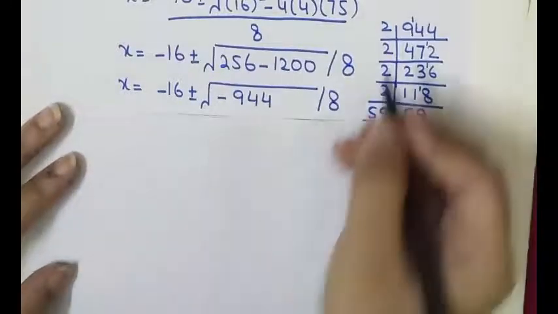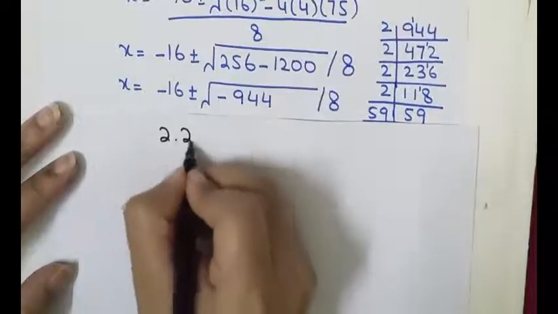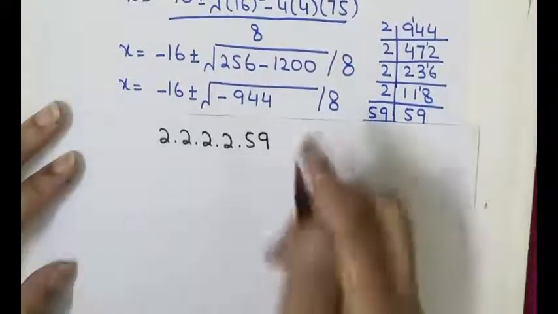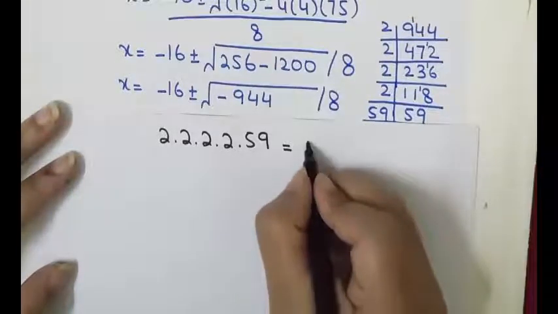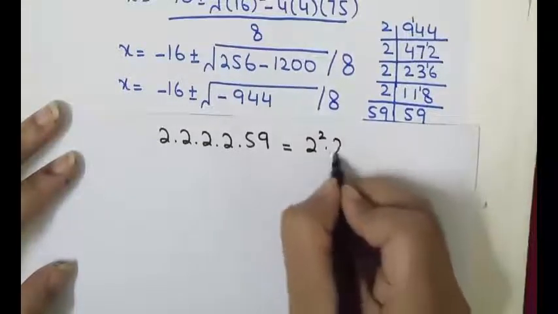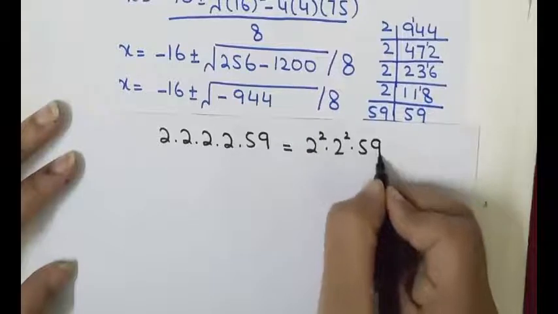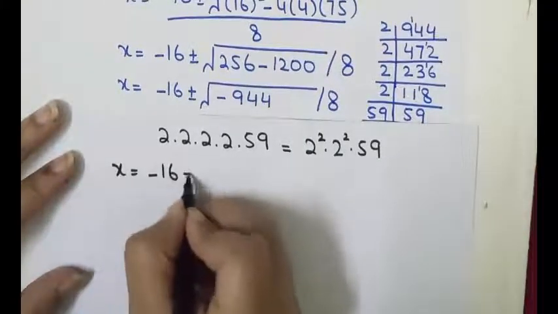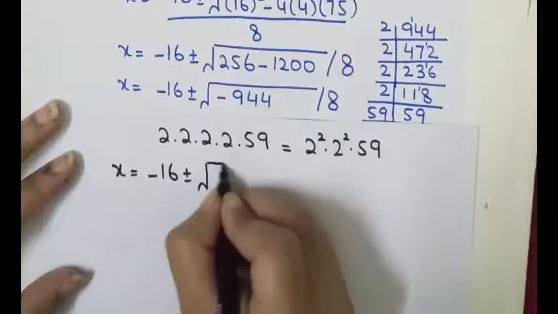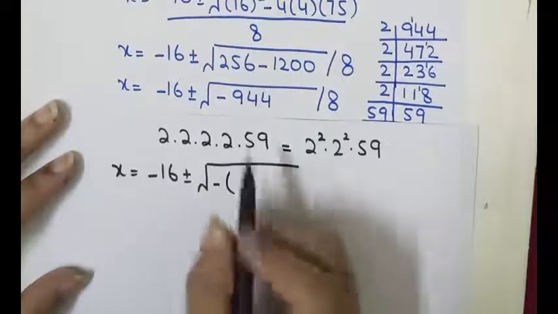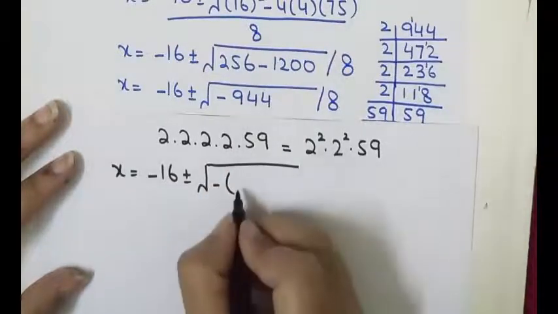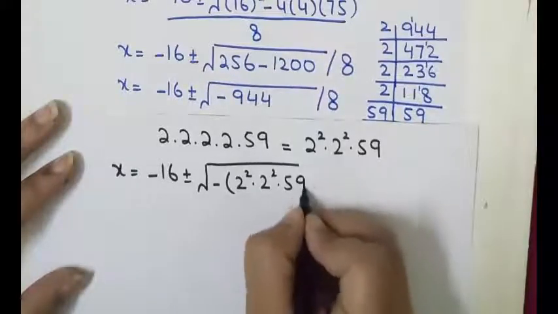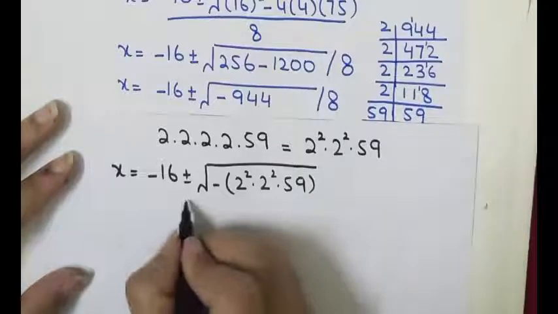So we have 2 into 2 into 2 into 2 into 59, which means 2 square into 2 square into 59. So putting the value, we have minus 16 plus minus, we have minus sign and 944. We will write 2 square into 59.